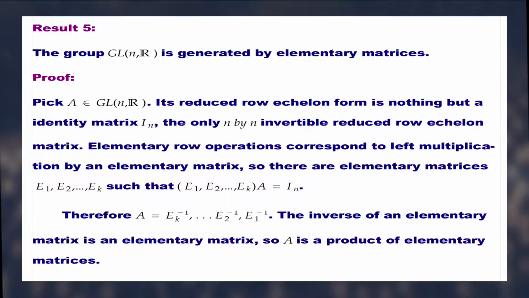Elementary row operations correspond to left multiplication by an elementary matrix. So there are elementary matrices E1, E2, and so on up to Ek such that E1 E2 ... Ek A is equal to I_n. Therefore A is equal to Ek inverse ... E2 inverse E1 inverse. The inverse of an elementary matrix is an elementary matrix. So A is a product of elementary matrices.